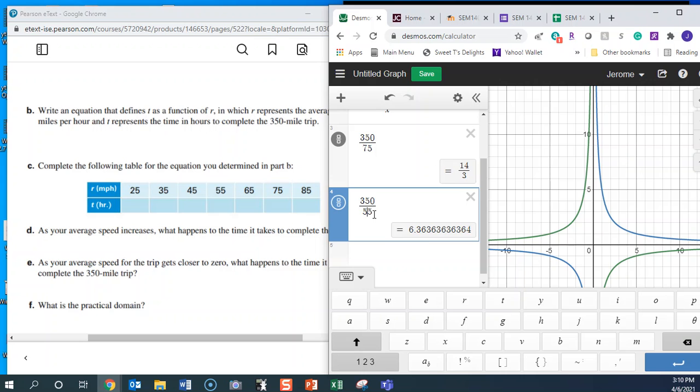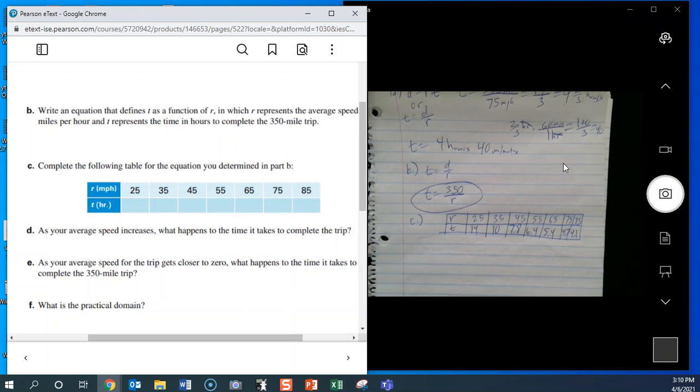Then 55, rounded to one decimal place, it'll be 6.4. Then 65, it'll be 5.4. 75 will be 4.7. And then 85 will be 4.1. So these are all the values for the table as far as how much time it would take.